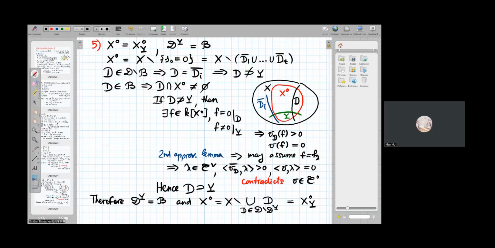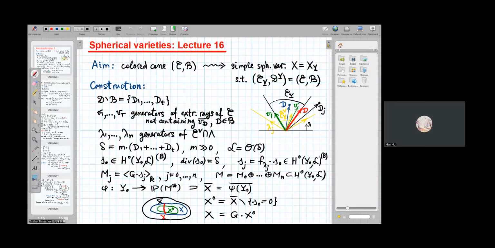And we obtain exactly this canonical B chart. So we are close to our aim. We have proved that this set is the same as this set. And we have, by the way, proved that X naught is the same as the canonical B chart of this simple variety.